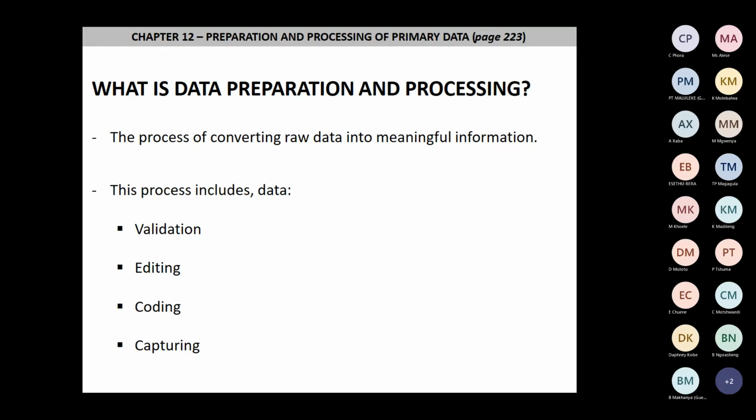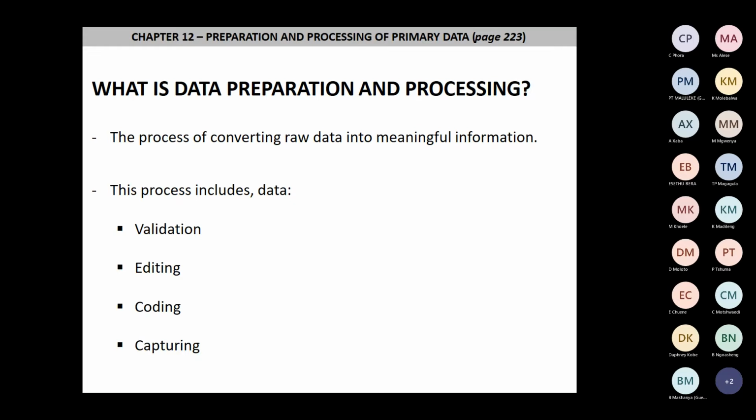So it says data preparation and processing. If you highlight, starting on page 256, you want to highlight that 4th line there, talking about raw data, saying raw data is meaningless. It must be prepared. It must be processed before being analyzed.